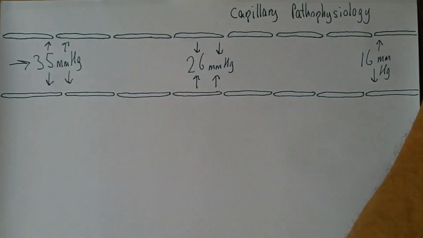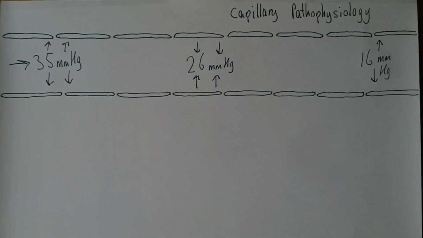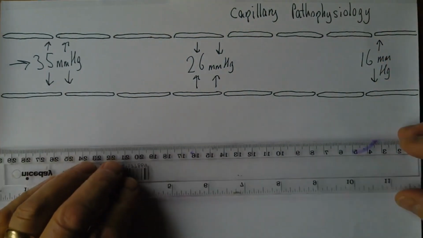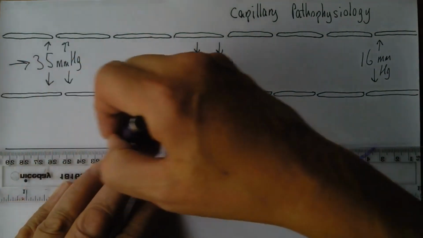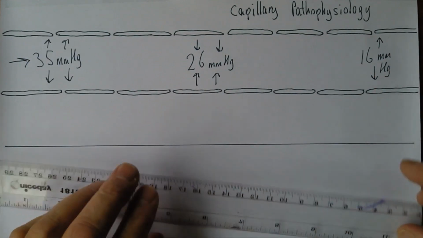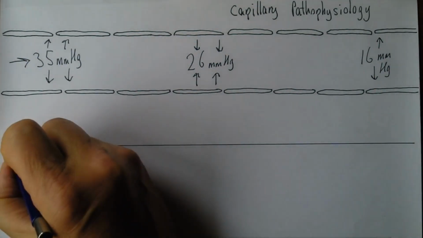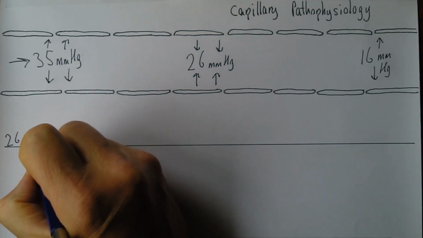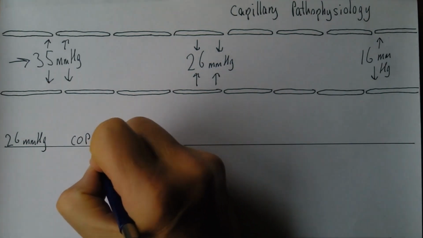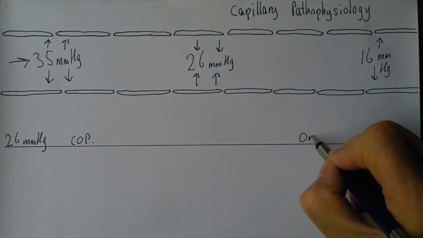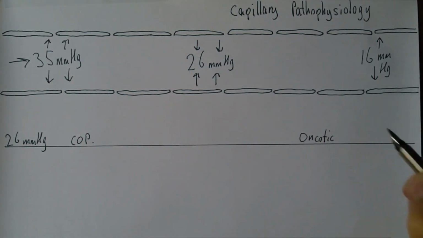Now we can actually represent this graphically. So imagine we have a line along here, and that line is 26 millimeters of mercury, representing the colloidal osmotic pressure, or what we call the oncotic pressure, generated by the plasma proteins.